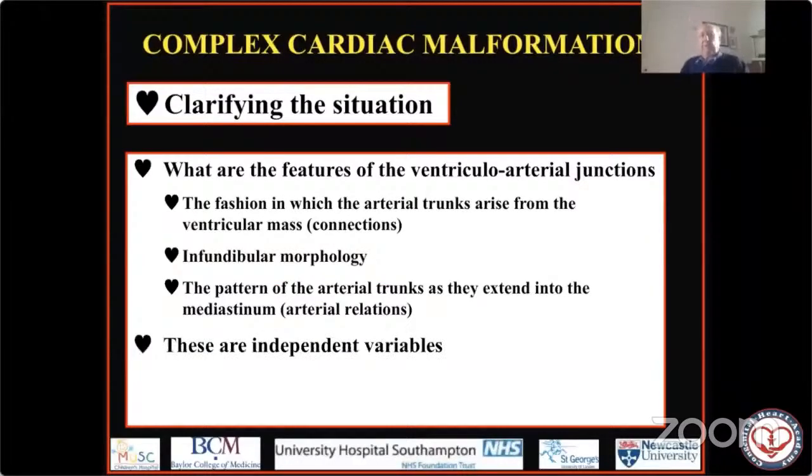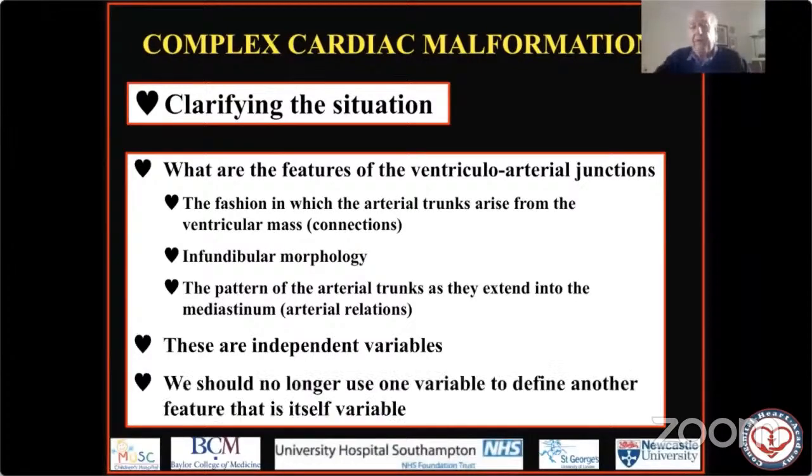The most important thing is that these features, connections, relations, infundibular morphology, are independent one of the other. And this takes us back to the principle that has governed assessment of cardiac morphology throughout all of our sessions, the so-called morphological method. I would remind you again, this was introduced by Richard Van Praagh.